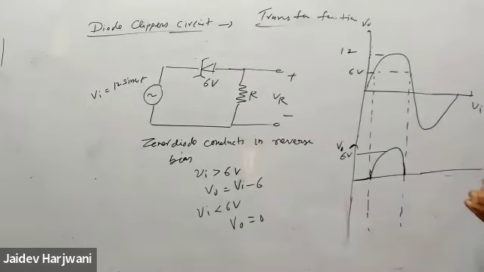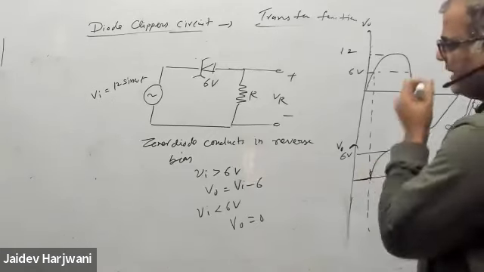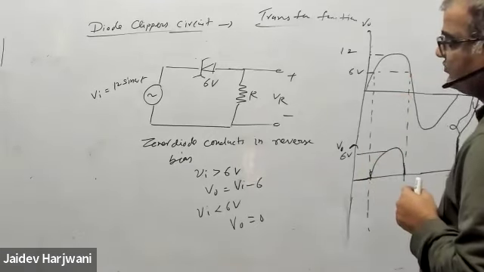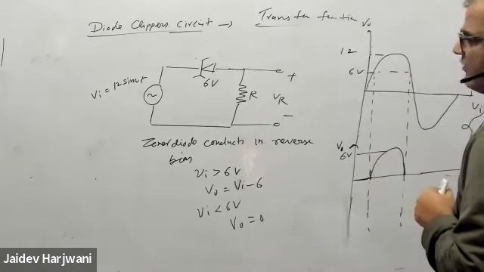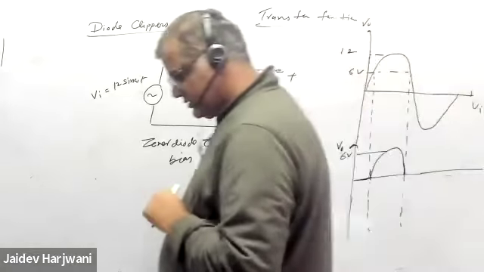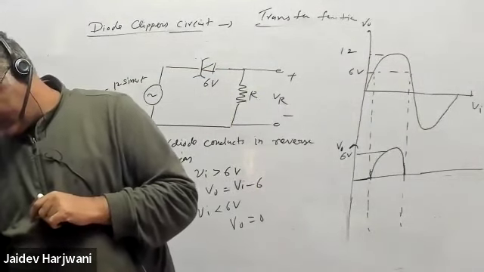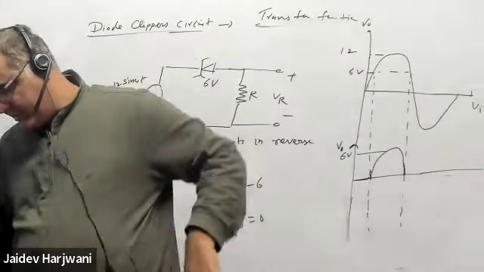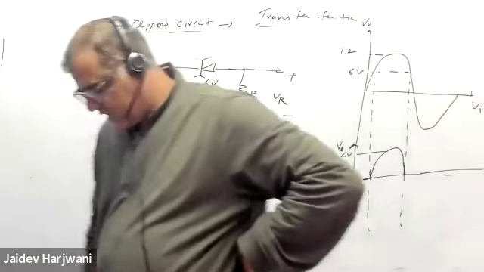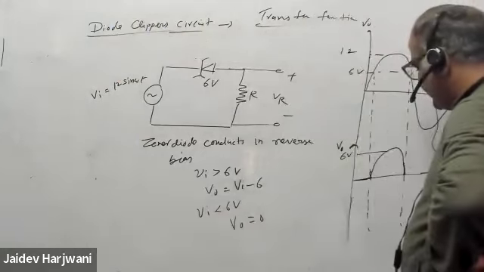Okay, and what will happen in the negative cycle? Tell me. This was for the positive cycle, correct? For the negative cycle, what will happen? The diode becomes an ordinary diode.